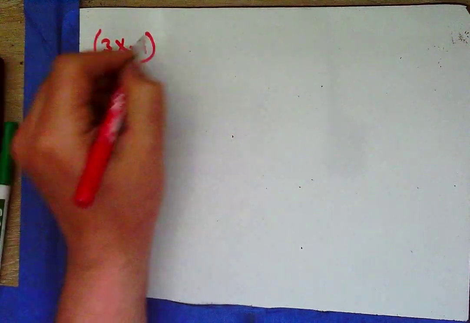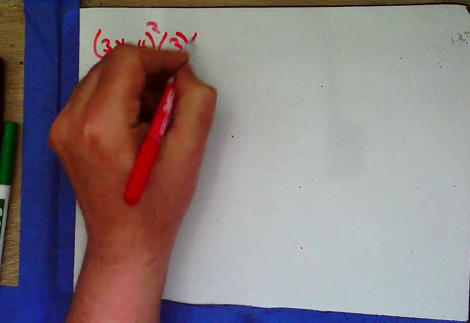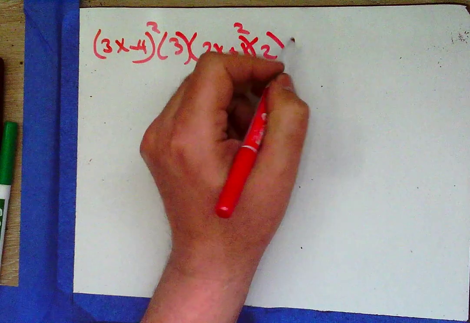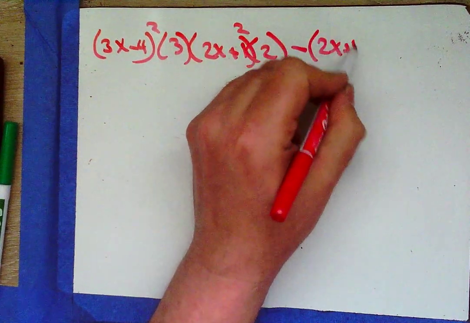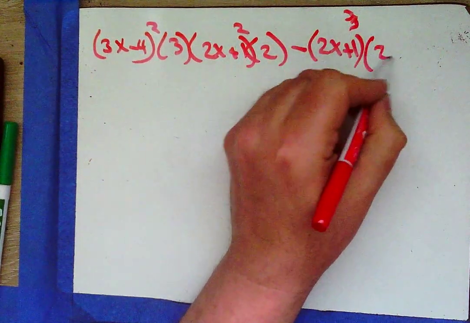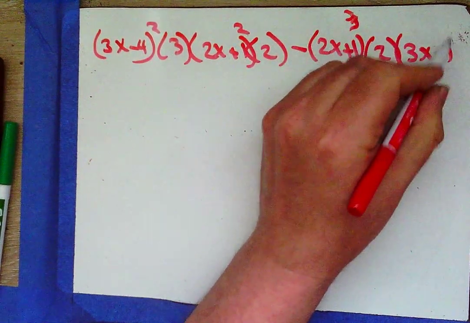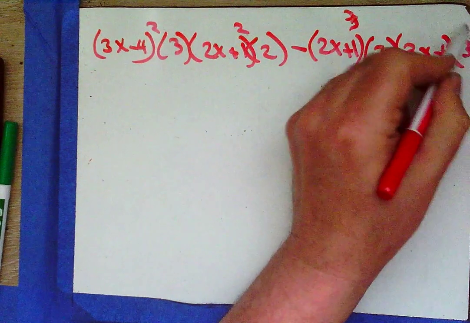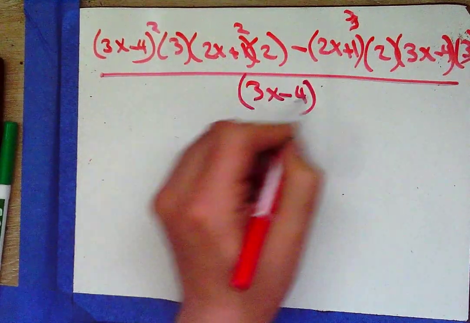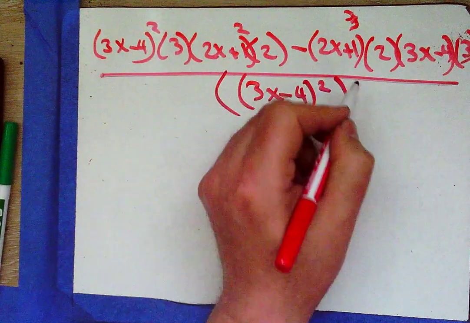I hope you're starting to feel comfortable with this. No, huh? Well, let's have another. 3x minus 4 squared times 3 times 2x plus 1 squared times 2 minus 2x plus 1 cubed, that's a cubed, times 2 times 3x minus 4 times one more 3, all over 3x minus 4 squared squared.